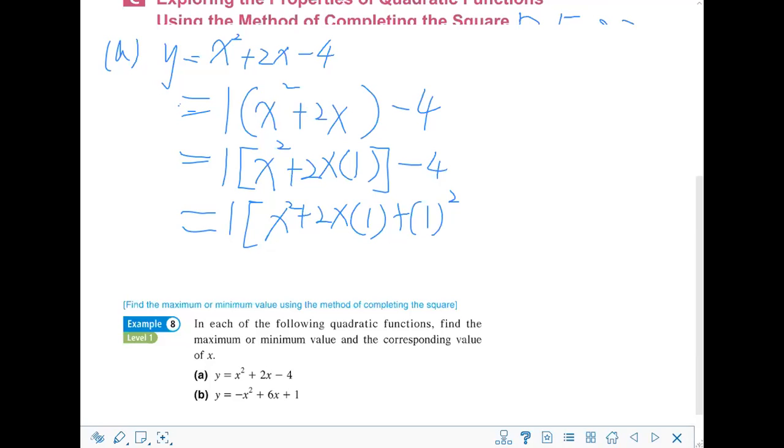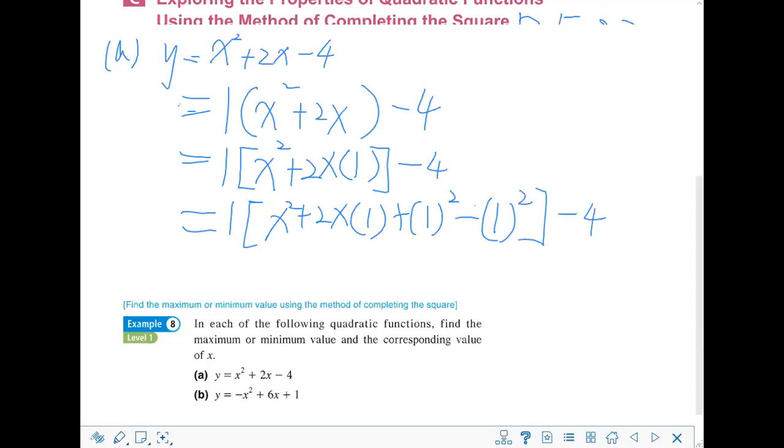Okay, so the y here is equal to 1, but we cannot add a 1 square to this function because we will change the function. So if we really need a 1 square here, we need to compensate by subtracting the 1 immediately, okay? Minus 1 square, within the square bracket, like this.